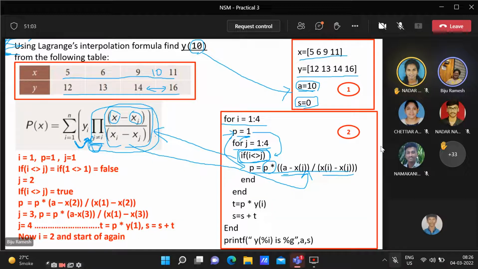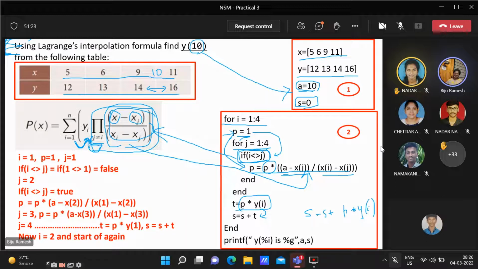Now you have to add each term. So that we will do outside. You can write this directly here also, no problem. You need not assign it to T. You can write S is equal to S plus P into Y of I. You can write like this also. When you are doing, you can try like that.